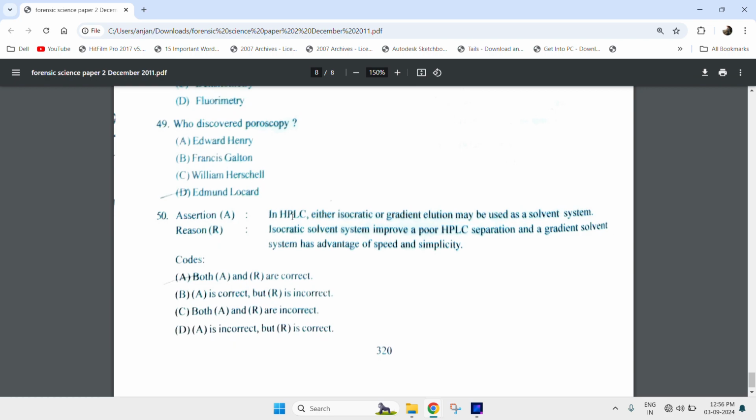In HPLC, either isocratic or gradient elution may be used as a solvent system.